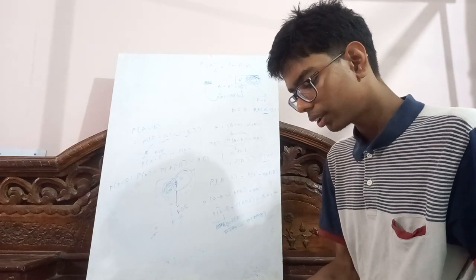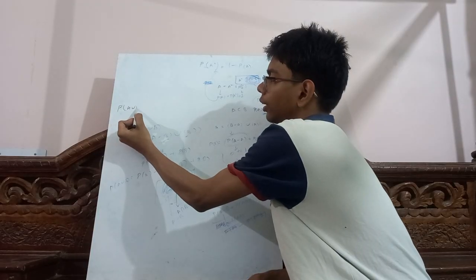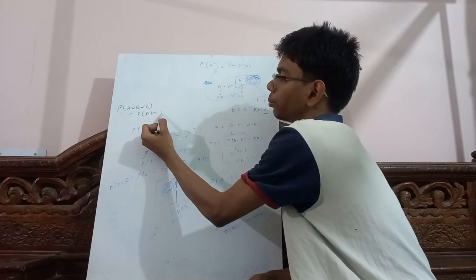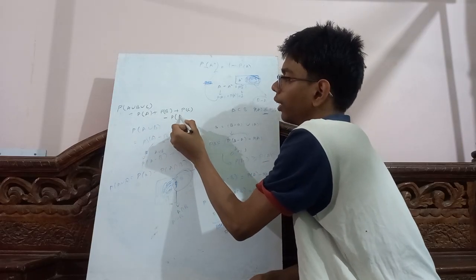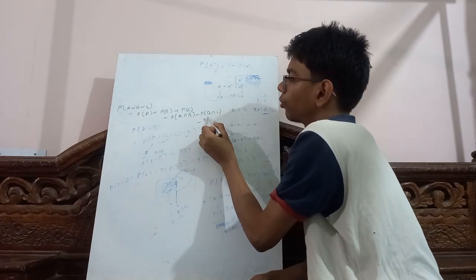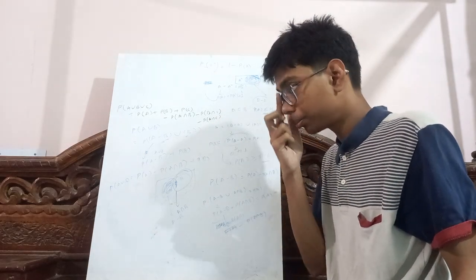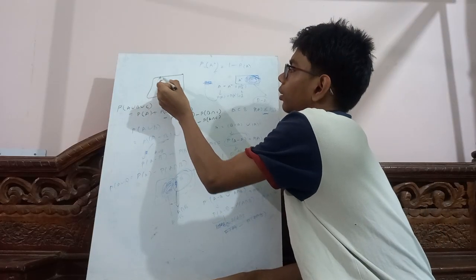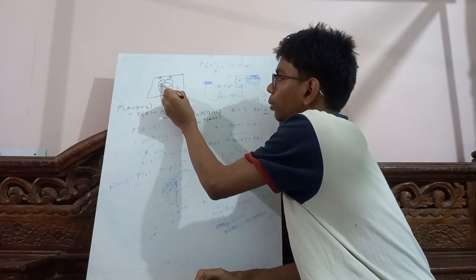Also for three events, P of A union B union C can be written as P of A plus P of B plus P of C minus P of A intersection B minus P of B intersection C minus P of A intersection C. So now what is happening? This is A, B, C, right? I removed this.